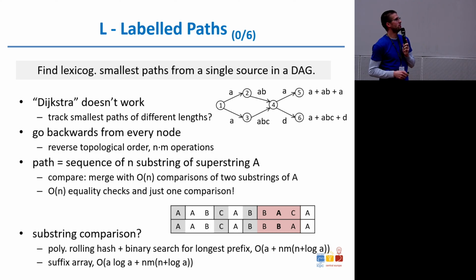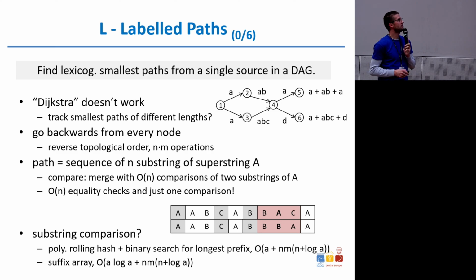We can do a merge in linear time, O of n, where n is the number of edges, or in this case, also nodes. The shortest path will contain at most n edges, and we can just do a merge-like comparison of these two paths.